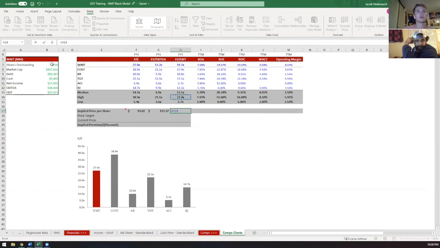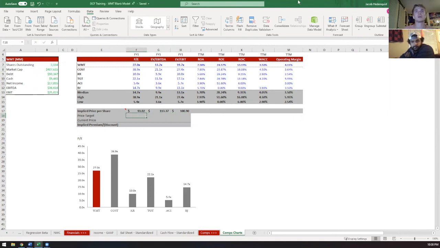Start this with an open paren. Take our median, multiply that by our EBIT. That's our most recent EBIT. And then subtract out our net debt again to get our equity value. And then divide that by our shares outstanding to get our equity value price per share. Nice.